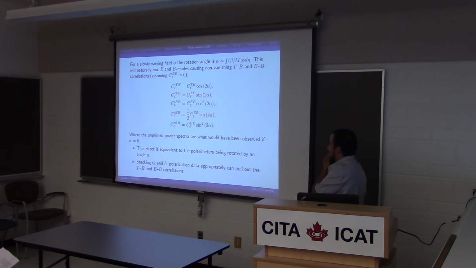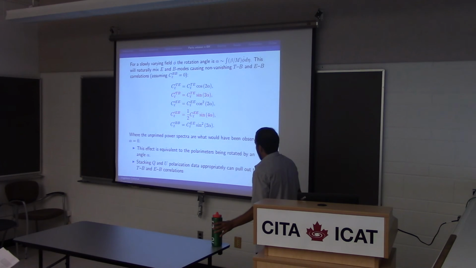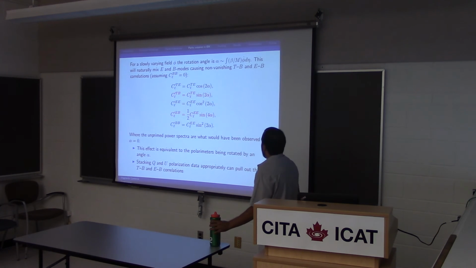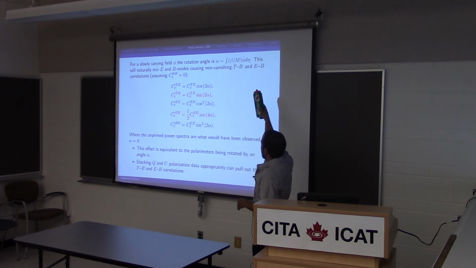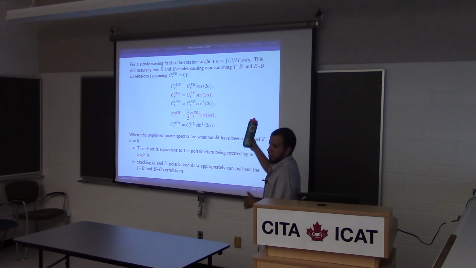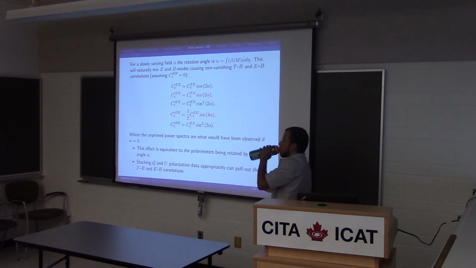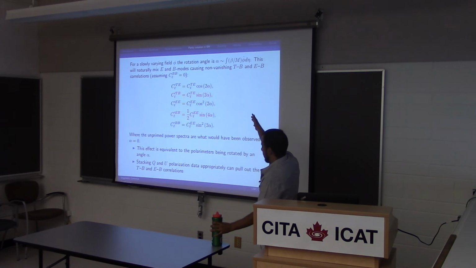Okay, so what's the actual observable here? Alpha is going to be the angle of rotation from the CMB towards us. And that's related to the time derivative of this field integrated along the line of sight. So this is how it modifies the CMB power spectrum.